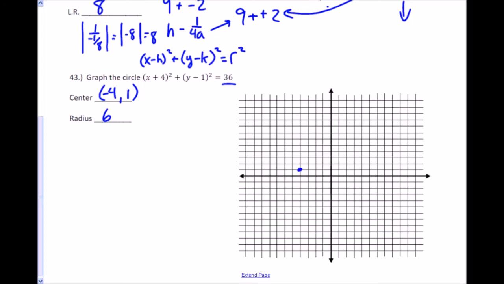The radius is 6, so I go 6 in every direction that I can possibly count. 6 in this direction, 6 in this direction. I'm going down 6. I'm going over 6. And now I just do my best trying to draw something that looks like a circle. If it's not perfect, it's not perfect. In fact, this graph is probably a little bit off. But just count 6 in each direction and draw the best circle that you can draw. Okay? That's it. Hope this was helpful, and good luck on your test.